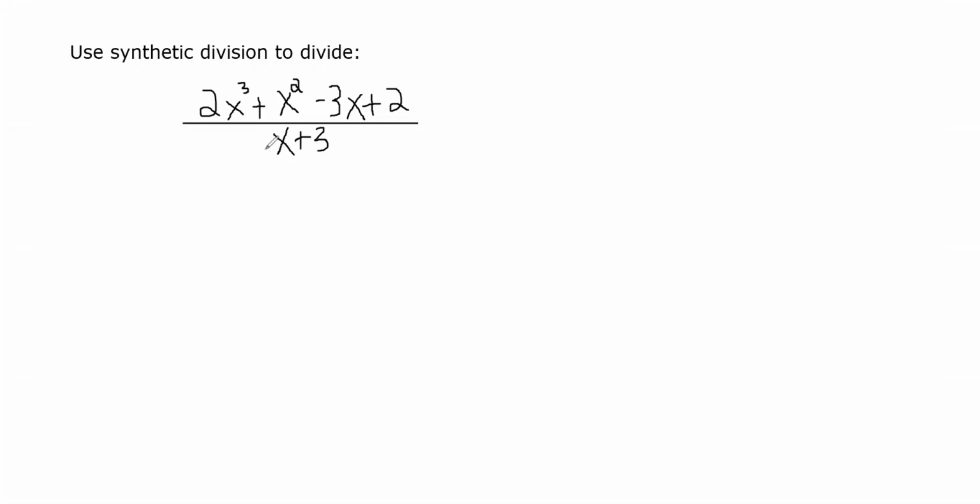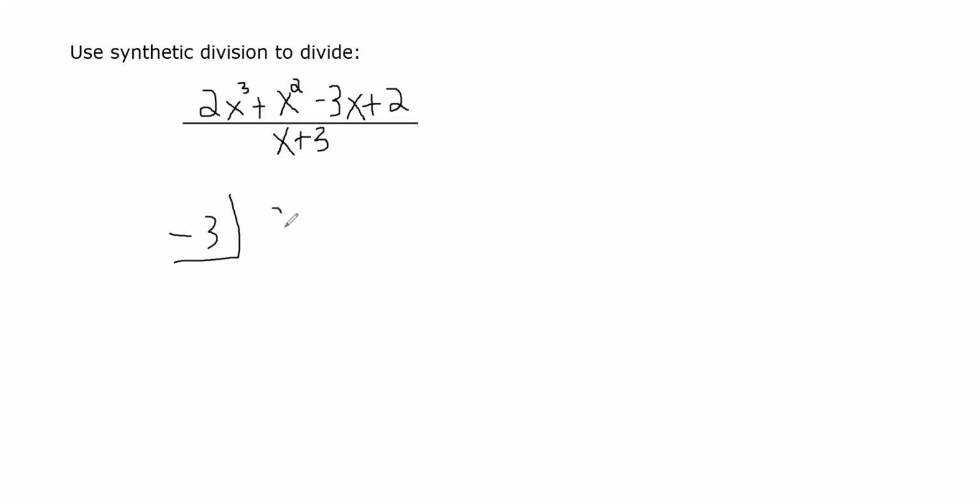So let's see, synthetic division, we're dividing by x plus 3. So for the synthetic division, we're going to put a negative 3 up here in the top left corner. Along the side, we're going to write the coefficients in descending order.